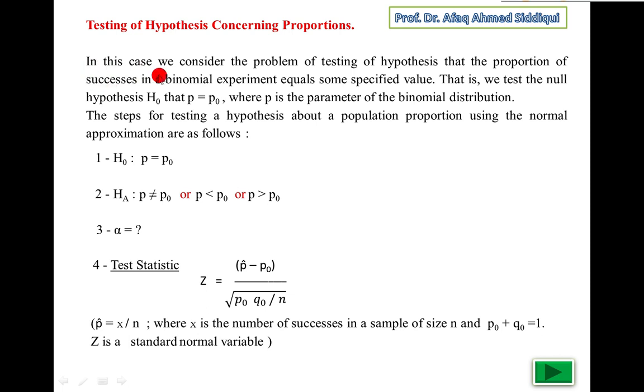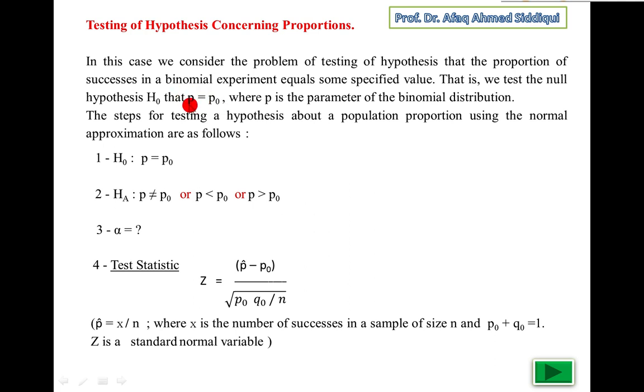Same as here, in this case we consider the problem of testing of hypothesis for the proportion of success, not failure, in a binomial experiment equals some specified value. That is, we test the null hypothesis H naught, that P is equal to P naught. In mean we write mu is equal to mu naught.